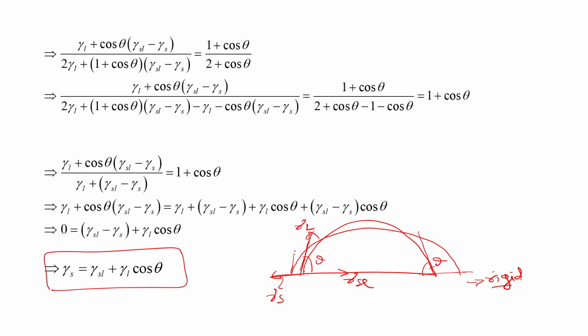So, again I repeat that suppose I take a drop that is large enough that gravity becomes important. If gravity pulls it down, it deforms because of gravity, but it will deform in the bulk and away from the 3 phase contact line. At the 3 phase contact line, the contact angle that is attained will remain independent of gravity or the size of the drop.